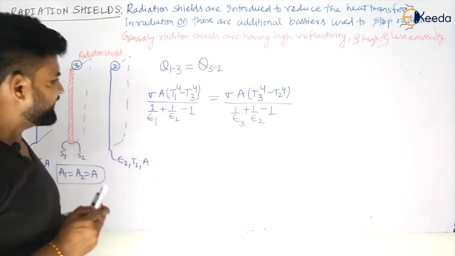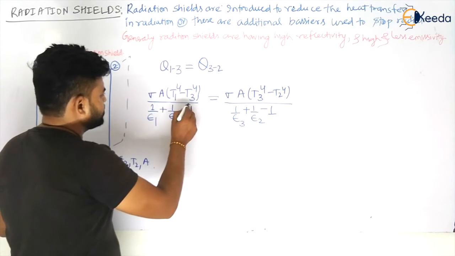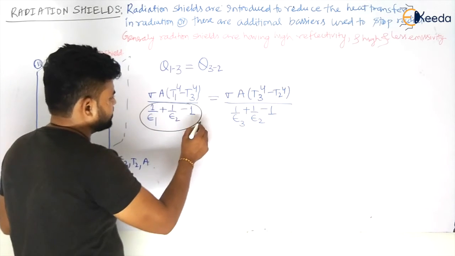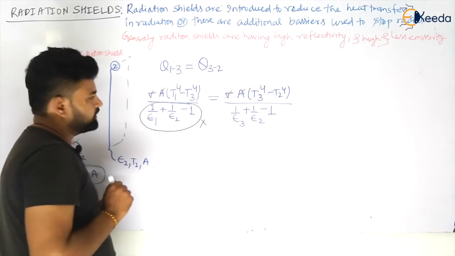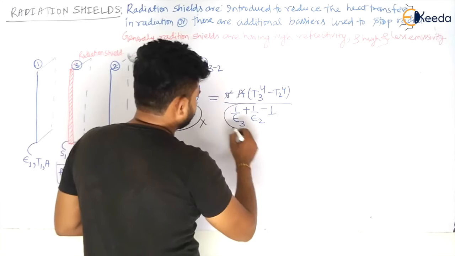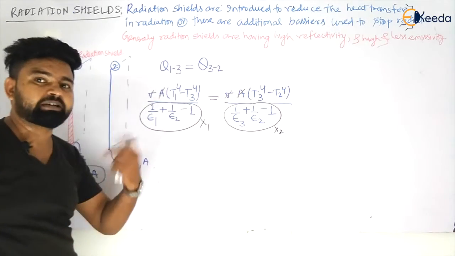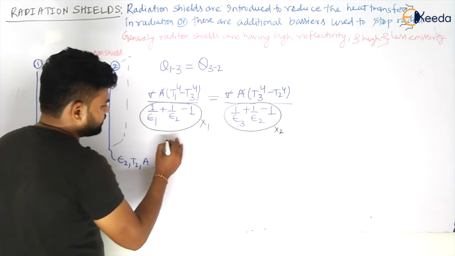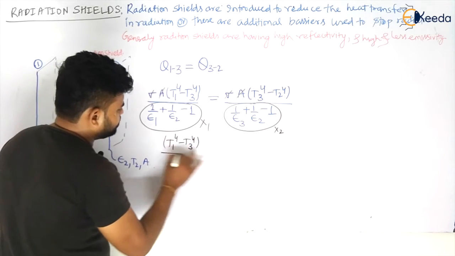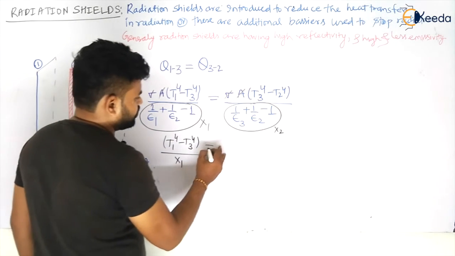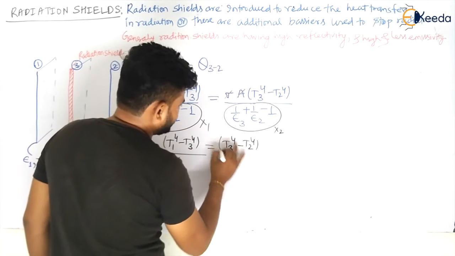So let us assume these denominators to be x1 and x2 to simplify my calculation. So this will become T1 to the power 4 minus T3 to the power 4 divided by x1 is equal to T3 to the power 4 minus T2 to the power 4 divided by x2.